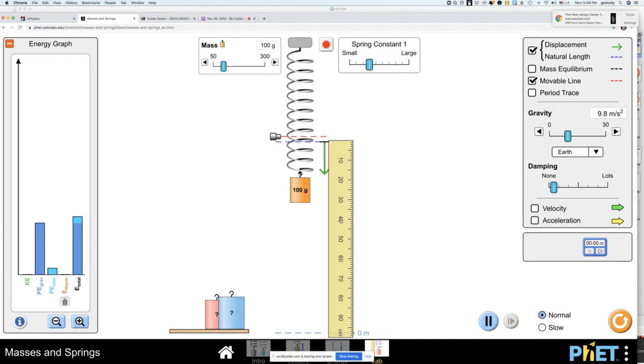So first of all, you measure the spring constant by hanging a known weight, like I just did here, and measuring the stretch of the spring.